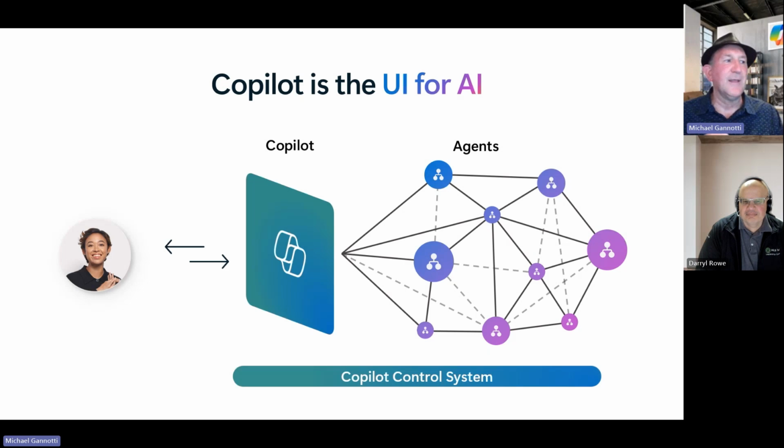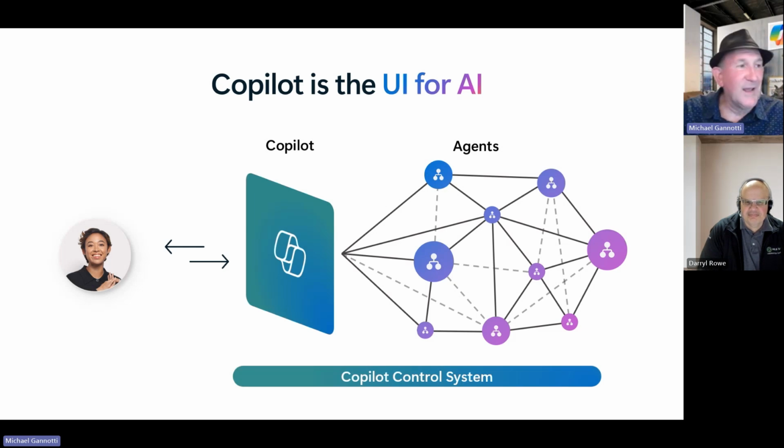But really, this idea that Copilot, and especially Copilot chat, really is becoming that go-to interface for all things AI. And so we just want to continue to bring that forward and let you let that sink in, percolate a bit. Like I percolate my coffee. Let's percolate about Copilot being the UI for AI, because there is just so much coming around that and much more to come, as you'll see in the next few months.